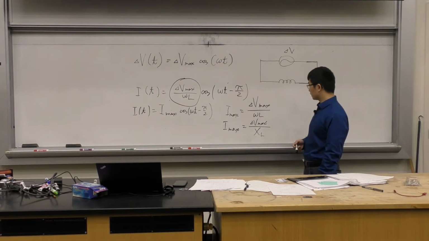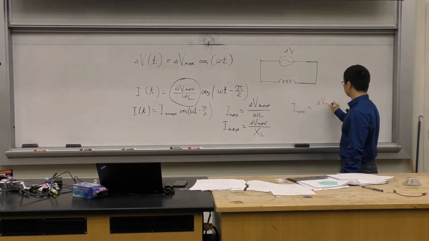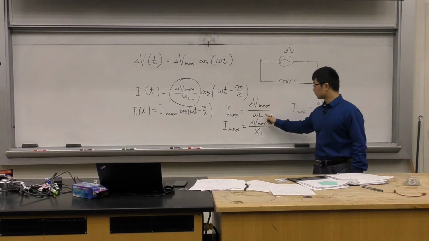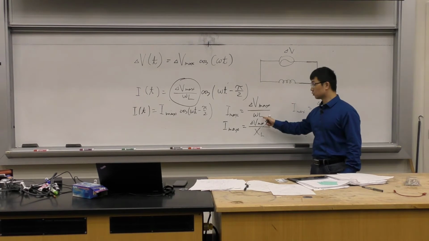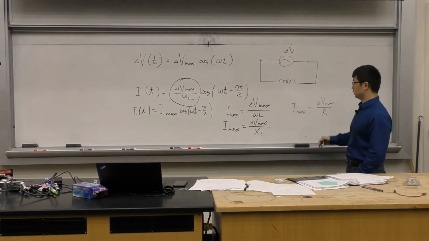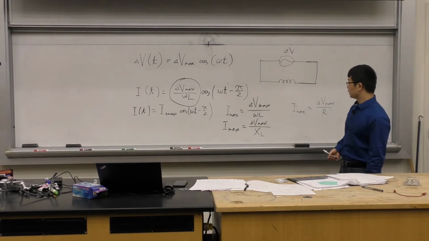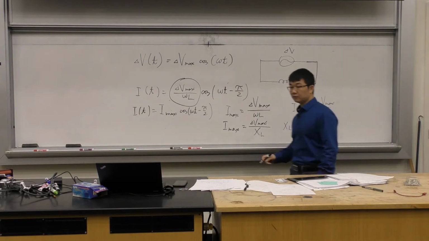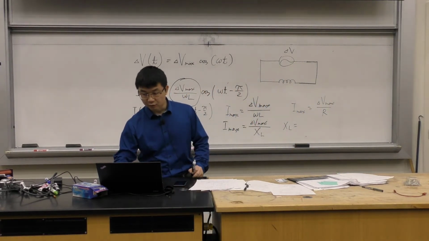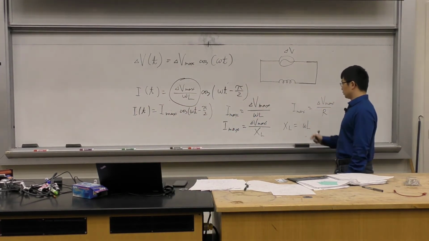And then I realized that if I compare this equation with the resistance equation, Imax equals Vmax over R, whatever this is behaves like a resistance, right? And the unit for this is also going to be ohm, in order to make all the units right. So we define this thing called XL, and the name for it is reactance.